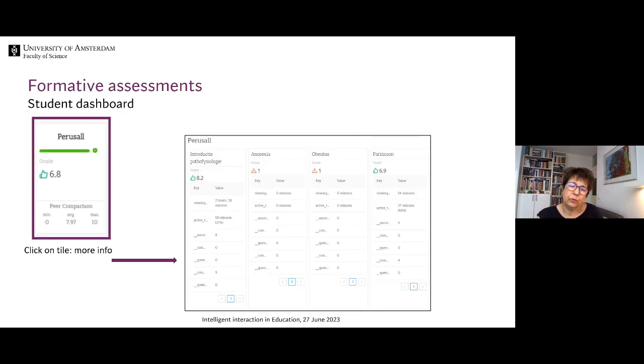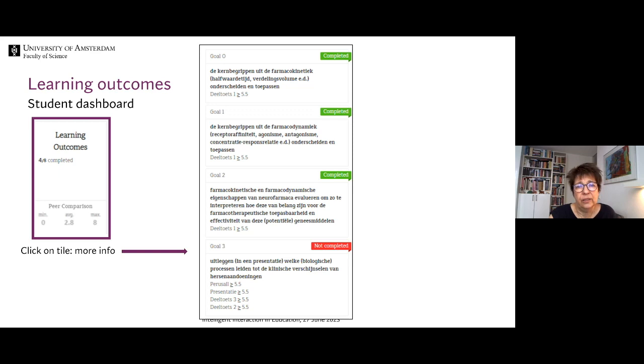If you click further, then you can see the second level with more information. So this is the tile about Perusal assignments, and you can also look at the learning outcomes, so how far the student is with catching the learning process.